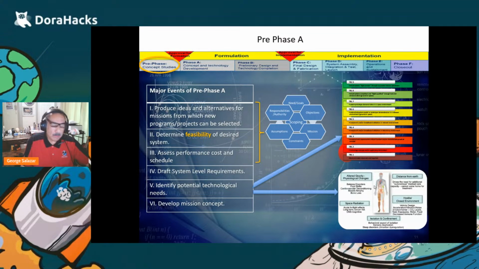And of course, the human body has a response to many things associated with space radiation, altered gravity, isolation and confinement, that's more psychological than physiological, hostile closed environment, how we're going to protect these astronauts, and then the distance from Earth, the things that are going to affect them in terms of, let's say, medical care and things of that sort. How are we going to deal with that, and what's the technology needed for that?